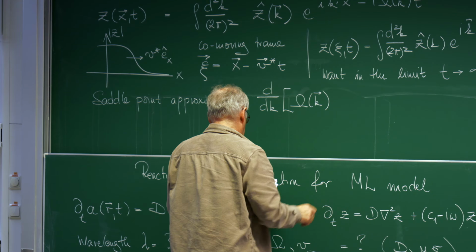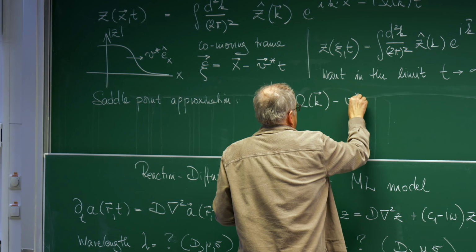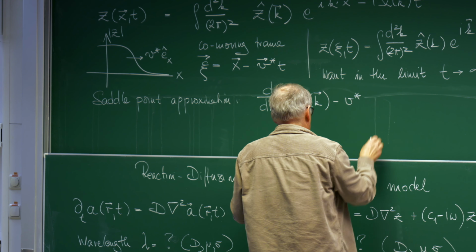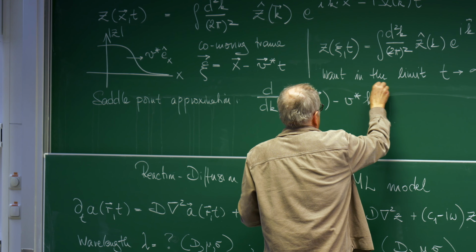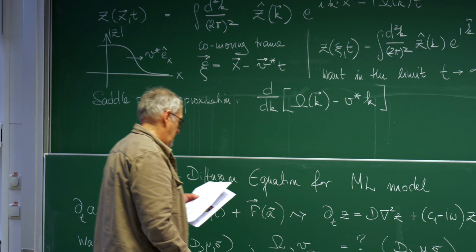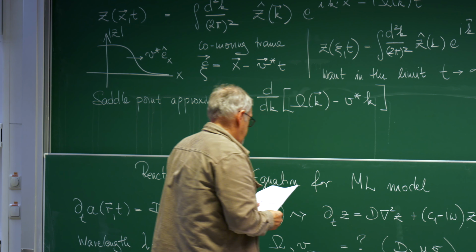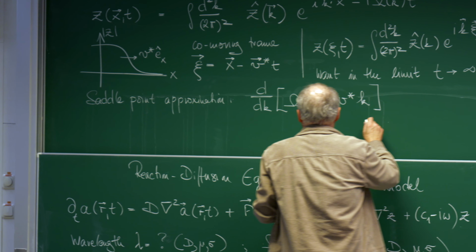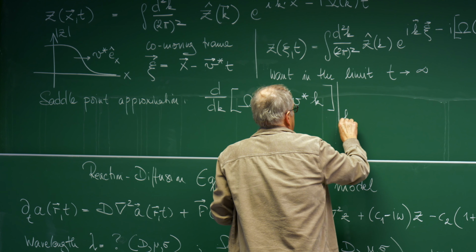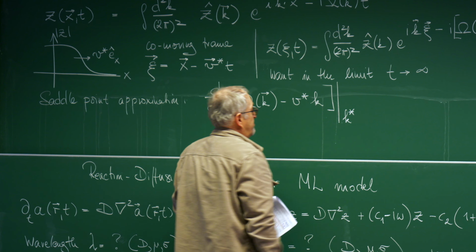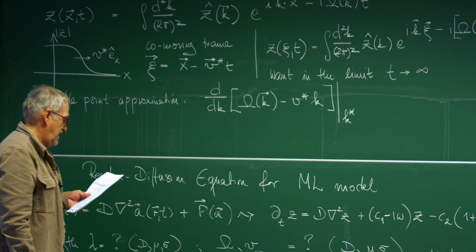The phase is omega k minus v star times k, taking now v star in the x direction, as I did here in this picture. And I have to evaluate that at my saddle point that I call k star.